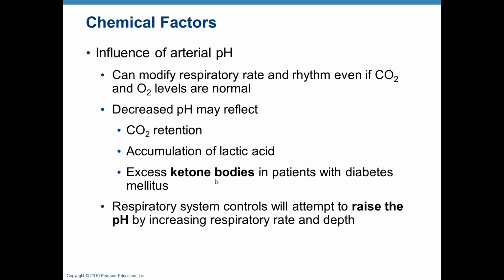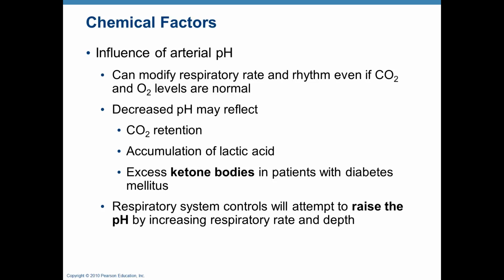Or diabetic patients, if you did a diabetic case study as part of your Biology 202 class, they produce these ketones that function as acids, and they can also help lower the pH of your body fluids. The ketones are products of them having to rely almost exclusively on fats and proteins to supply their energy needs.